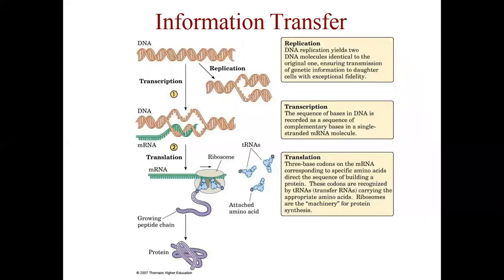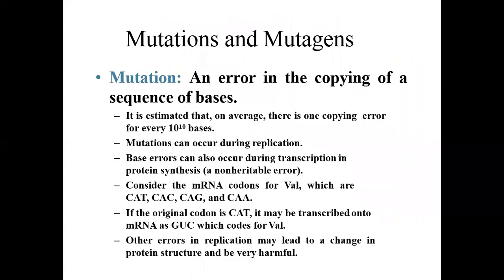So students, in this class I have discussed the genetic information transfer. Now come to the point, what are mutation and mutagen? If there is any type of disturbance in the sequence, the whole polypeptide or whole protein will be disturbed, and this disturbance or error is known as mutation.